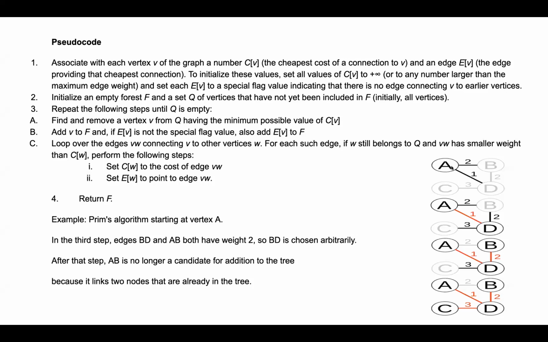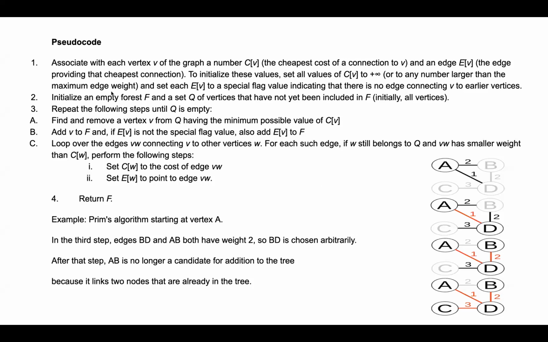First we have considered the vertex A. Two edges are there from A, that is A to B is 2 and A to D is 1. So there we considered the edge A to D, because it is having the minimum cost, that is 1.